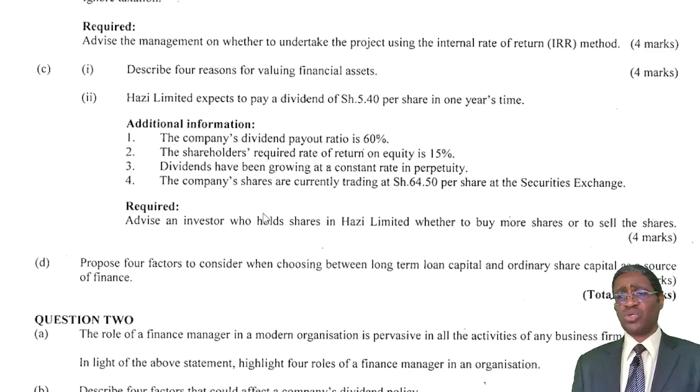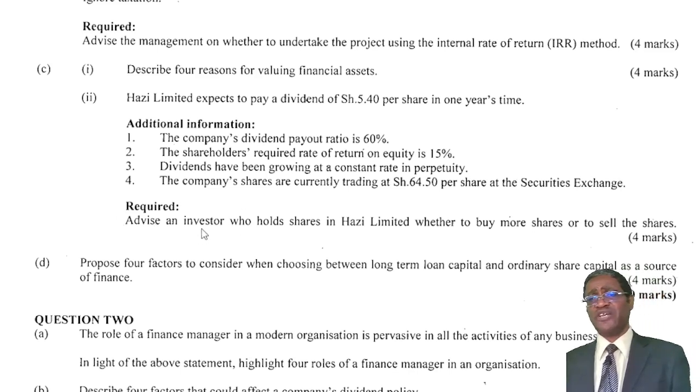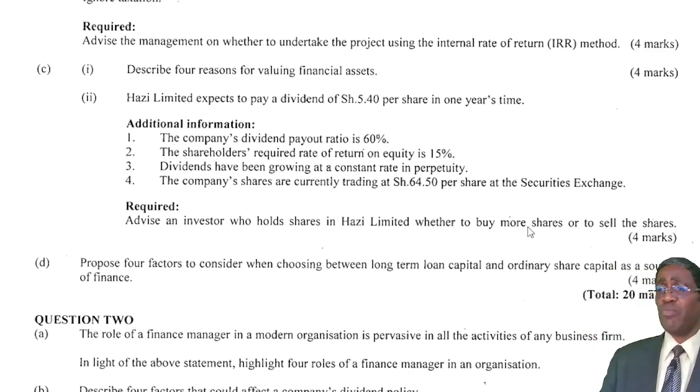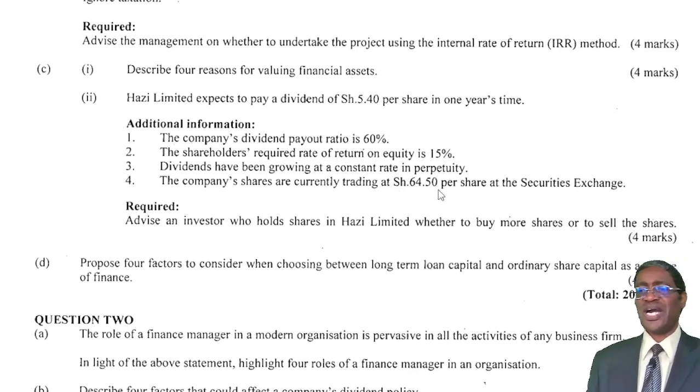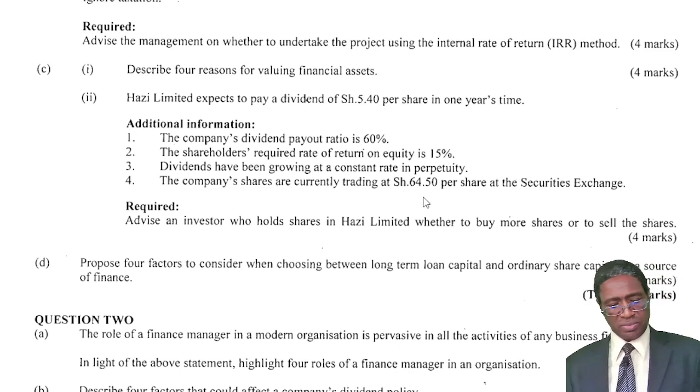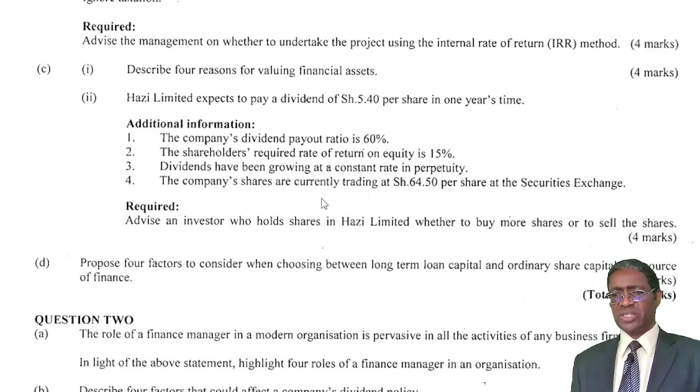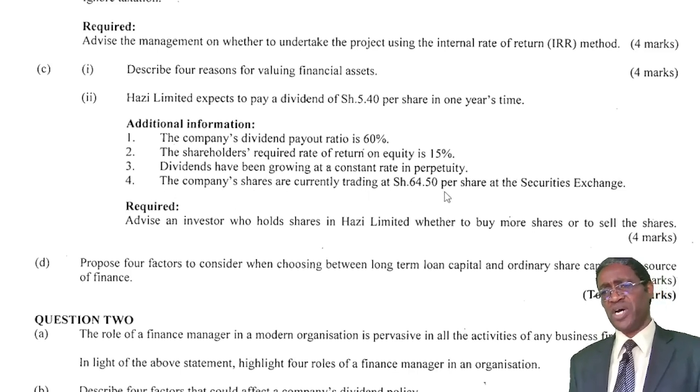This is an investor who was holding the shares. We are told to advise the investor who holds the shares whether to buy more or to sell. The current market price is how much? The current market price is 64.5. Note number 4 says the current market price is 64.5.